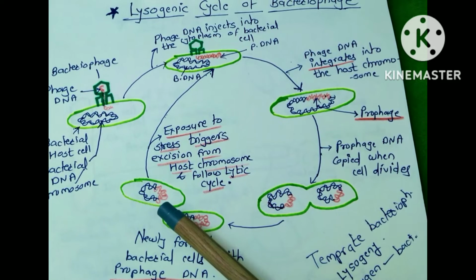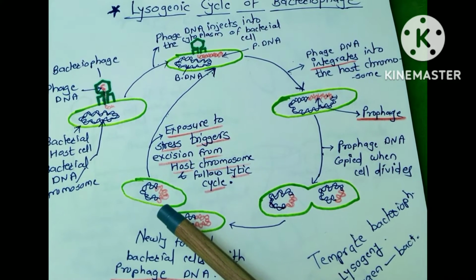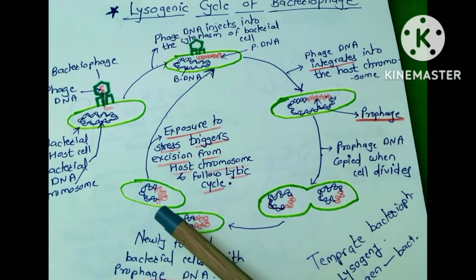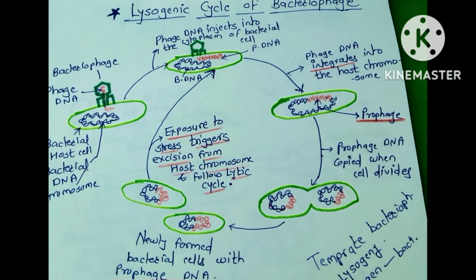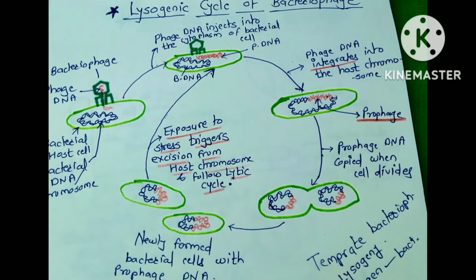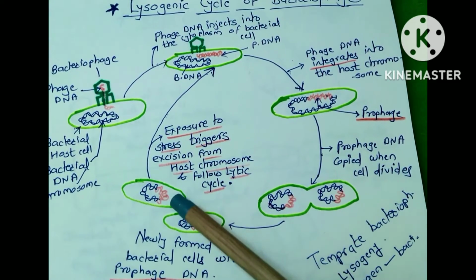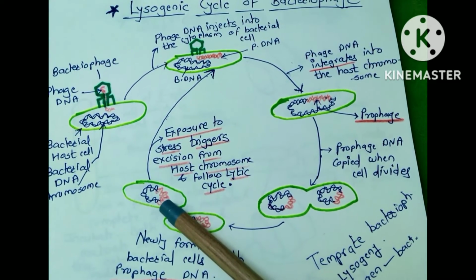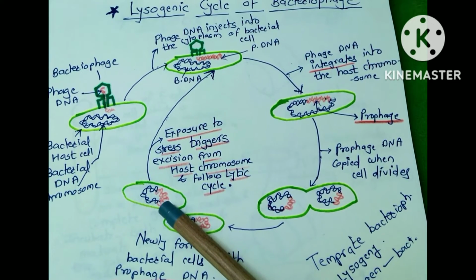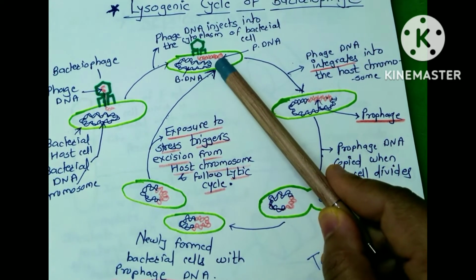At any point, exposure to stress like UV radiation or mutagenic chemicals triggers excision of the phage DNA. Excision means cutting out the phage DNA from the host chromosome, right?